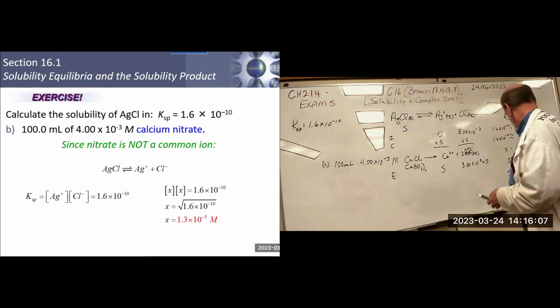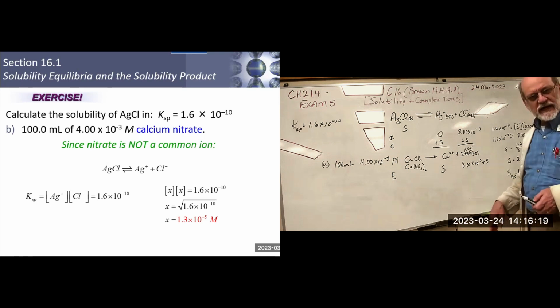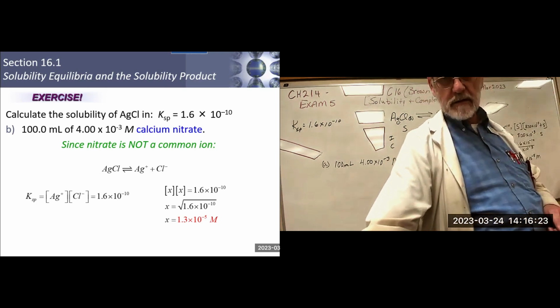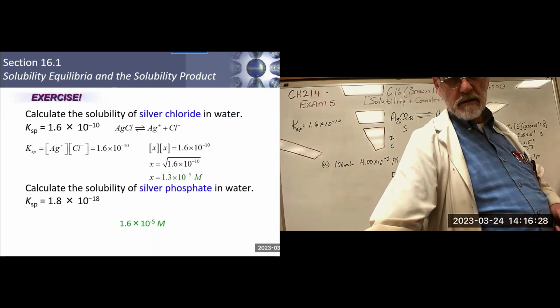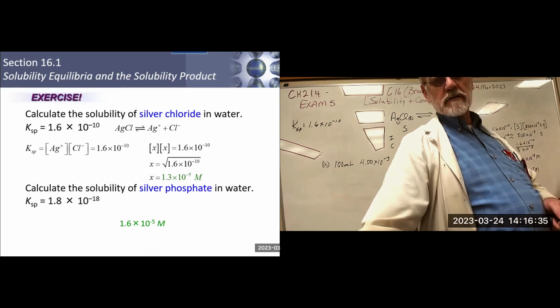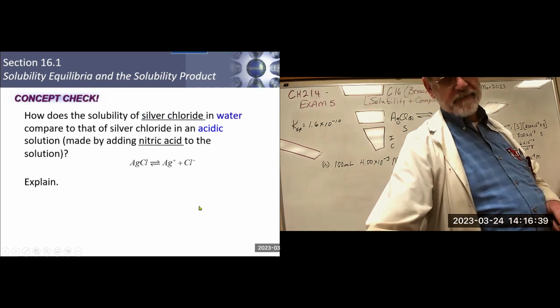So we're back to, now why is that 1.3? We calculated that to be 1.6 in the previous slide, unless I read it wrong. Hold on a second. Oh, I was looking at the wrong one. 1.3 times 10 to the minus 5.